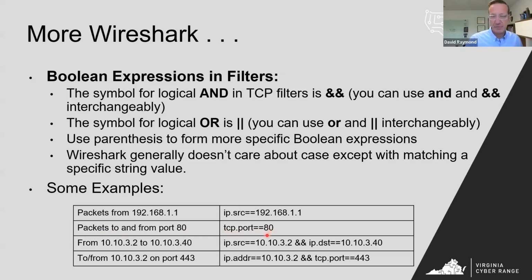That's going to show me packets that are going to or coming from port 80. If I want to see packets that are specifically going from 10.10.3.2 to 10.10.3.40, then I can say something like this. The IP source address of the packet equals 10.10.3.2 and IP destination address is 10.10.3.40, right? So I can be very specific in my filtering. And again, depending on the challenge that you're trying to solve, that can be very helpful.